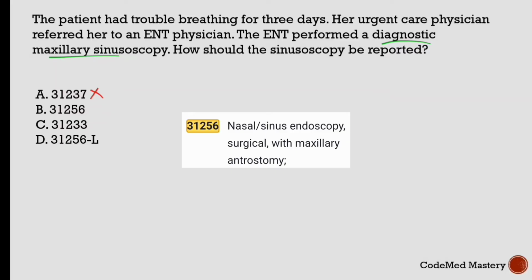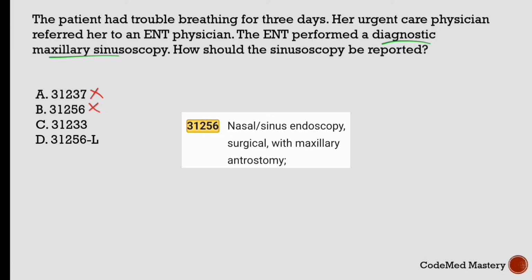Coming to option B, 31256. 31256 is for nasal sinus endoscopy surgical with maxillary antrostomy. But in our question they have mentioned diagnostic maxillary sinusoscopy. So it is not matching with the question.